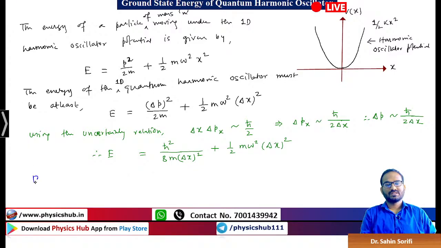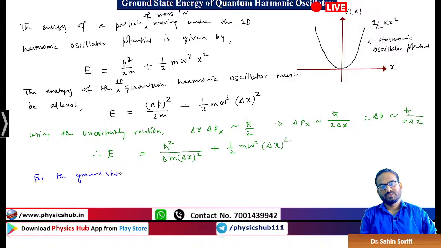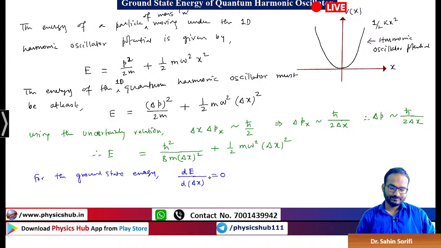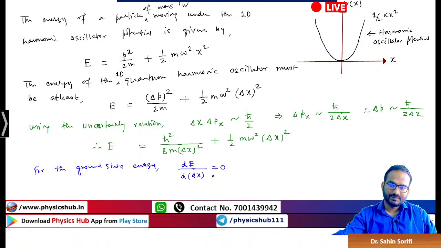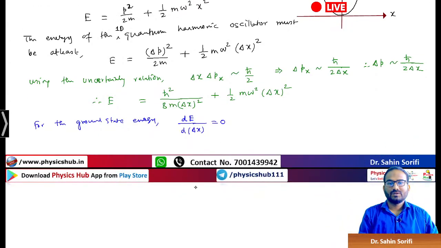For the ground state energy, what we can write? We can write dE by d delta x should be equal to 0, isn't it? What does it give you?